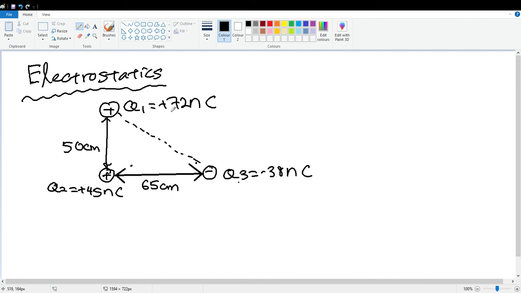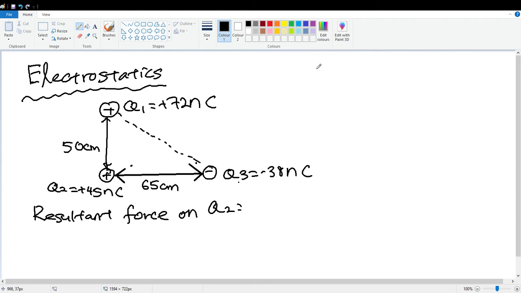So the question is, find the resultant force acting on Q2. As I said, this involves two planes, horizontal and vertical planes.